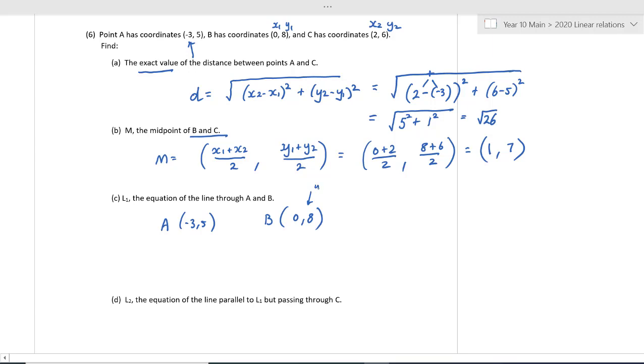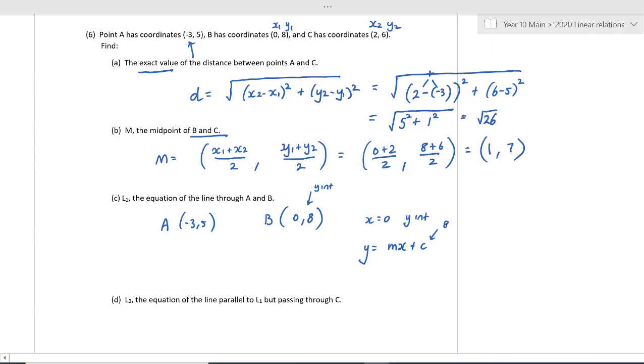This is the y-intercept. Okay, can you see that? Y-intercept is when x equals 0, isn't it? So if I've got a line that I'm trying to find the equation for, we've already been told what that is. That's 8. Now, if you don't recognise that, there's other ways to do it.